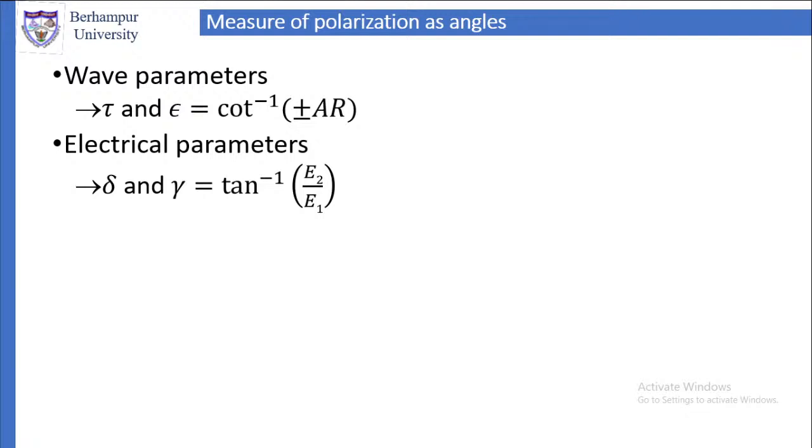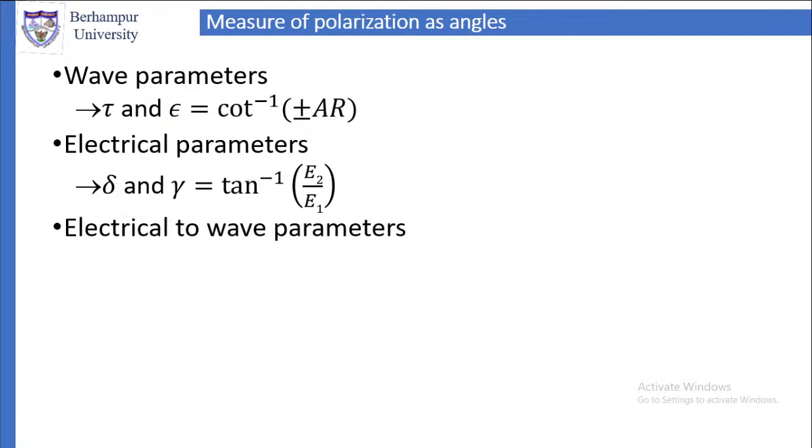So what will be the relationship between the wave parameters and electrical parameters? Can we convert electrical parameters to wave parameters? The answer is yes, but the conversion is not within the scope of our discussion. Similarly, can we convert wave parameters to electrical parameters? Yes, but it is again not within scope. What is within scope is the final conversion formula. So let us look at it.